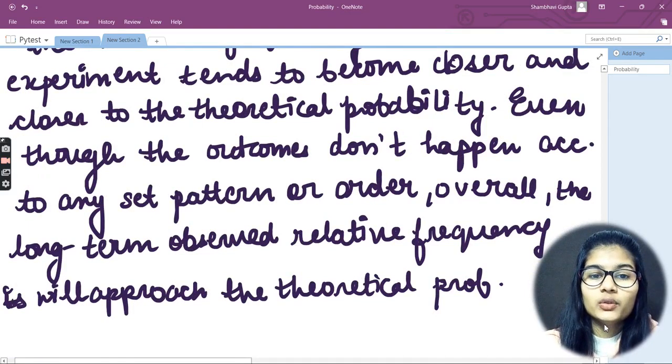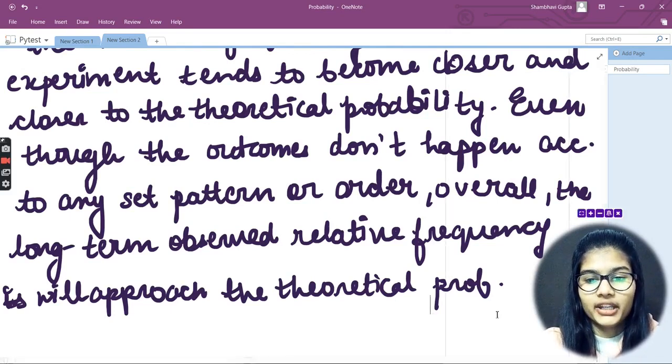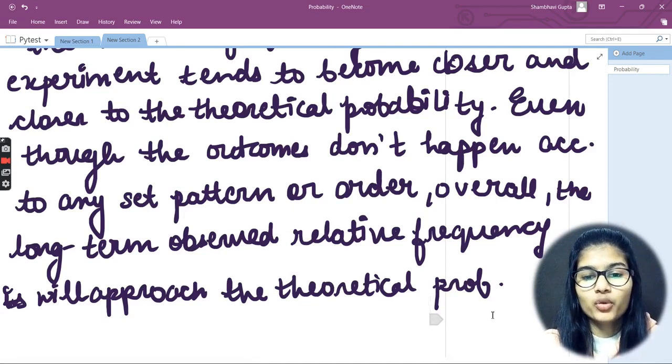Now even though the outcomes do not happen according to any set pattern or order, overall the long-term observed relative frequency will approach the theoretical probability. So the law of large numbers says that whatever the relative frequency of an experiment is, it tends to become slowly closer to the theoretical probability.